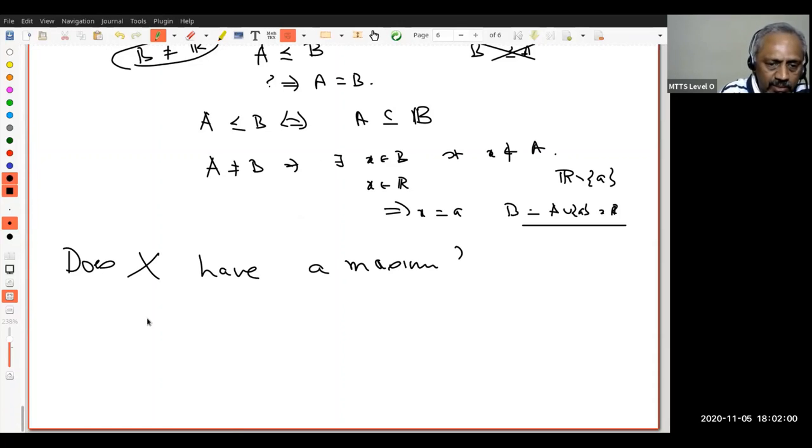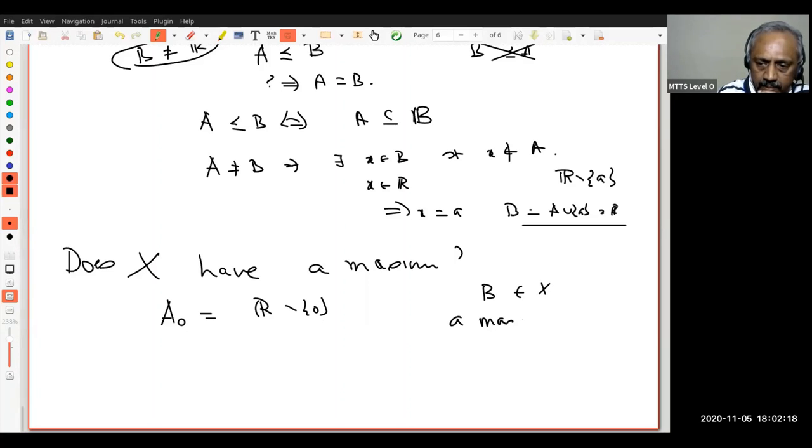Why? Let us look at my element A0, which is R minus {0}. Now suppose B in X is a maximum of X. That means A naught must be contained in B, that is, A naught must be less than or equal to B. Do you understand that?